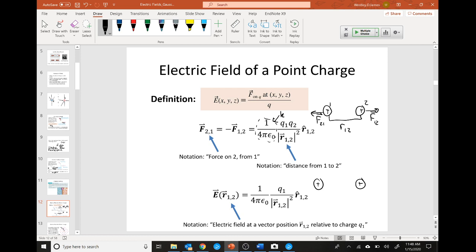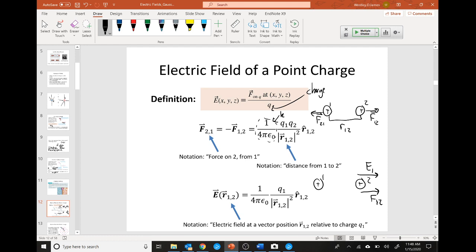If I want the electric field that is causing F12, I need the electric field 1. So that's why I divide out Q2. I'm dividing out Q2 because the electric field 1, the electric field due to charge 1, causes the force on 2.